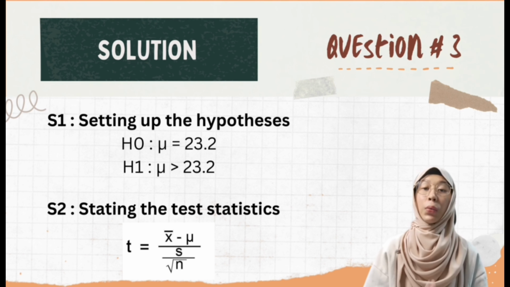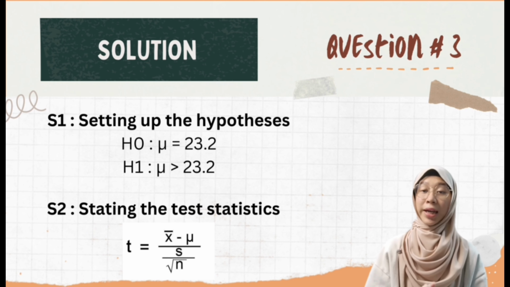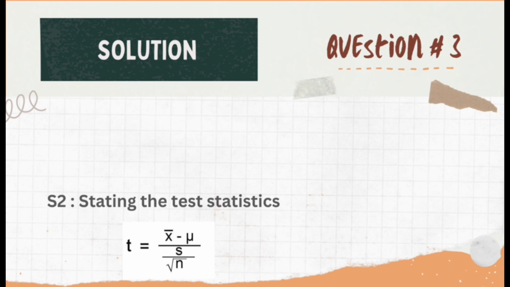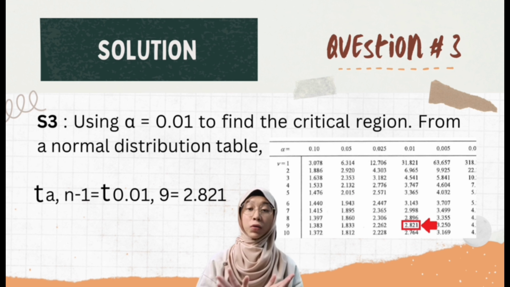Second step, we need to state the test statistic. In our case, we will use the t-test. Next, using alpha equal to 0.01 to find the critical region. From the t distribution table, table 7, we get the critical region is 2.821.